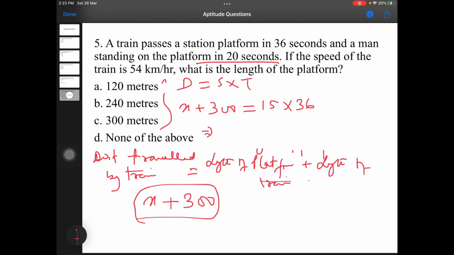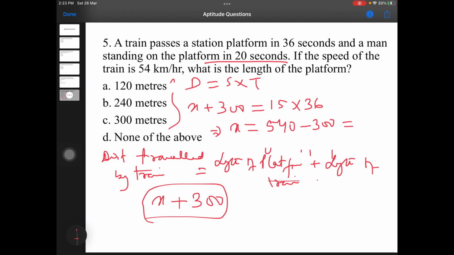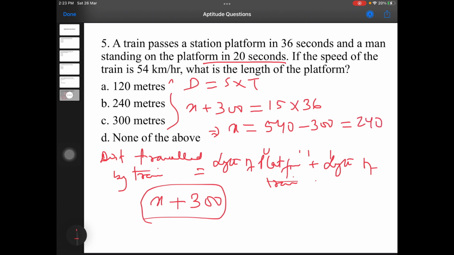From here, x plus 300 equals 15 multiplied by 36, which is 540, and this 300 will go to the other side. So 540 minus 300 is equal to 240. So the total length of the platform is 240 meters. So the correct option here is option B, 240 meters.